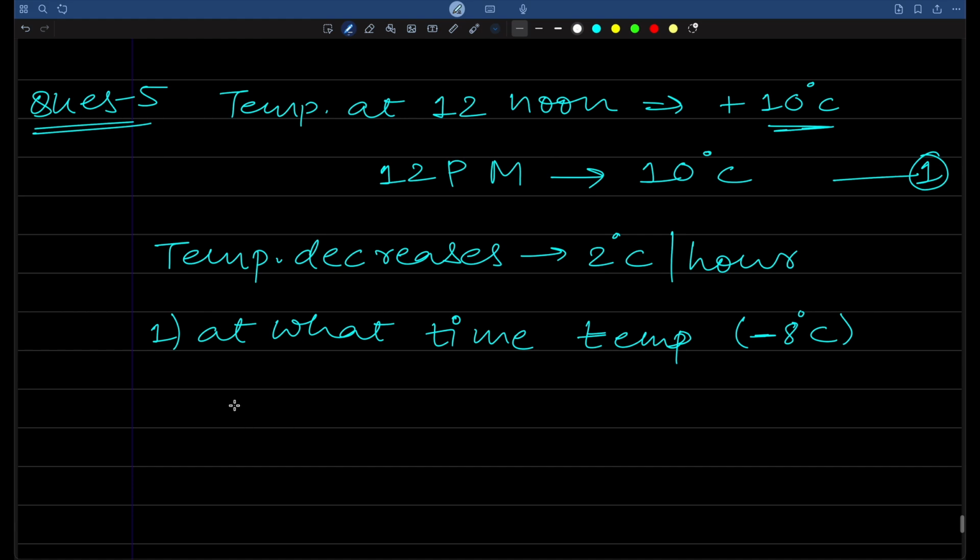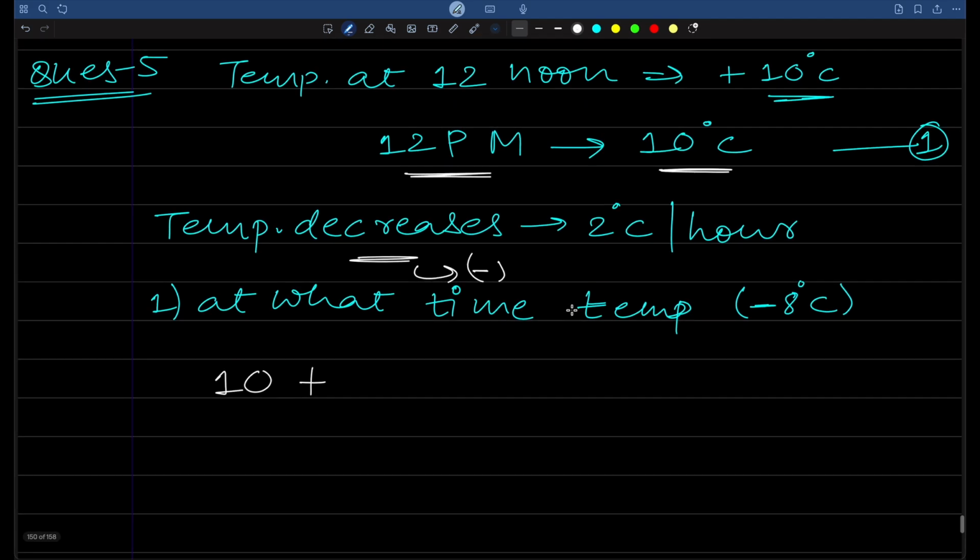So let us start this question. At 12 noon, that is 12 pm, temperature is 10 degrees Celsius. Then temperature decreases at the rate of 2 degrees Celsius per hour. Decreases, so we will take negative sign. If temperature increases, then we will take plus sign. Here it decreases, so we will take minus sign, and for 1 hour it decreases 2 degrees Celsius.